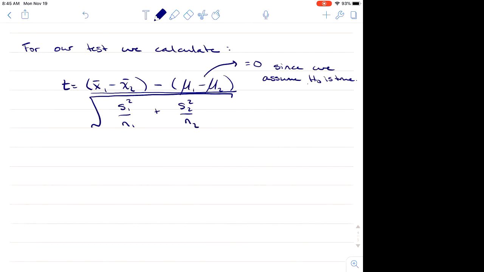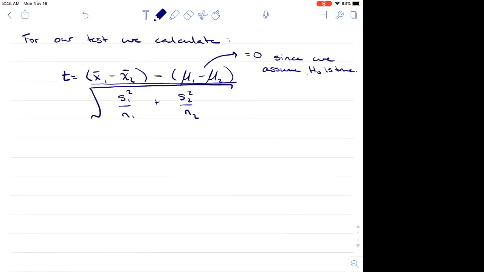Once you've calculated your t, we need to find our p-value, and we need our degrees of freedom. Our degrees of freedom is going to be the minimum of n1 minus 1 or n2 minus 1. This essentially says take the smallest sample size minus 1.